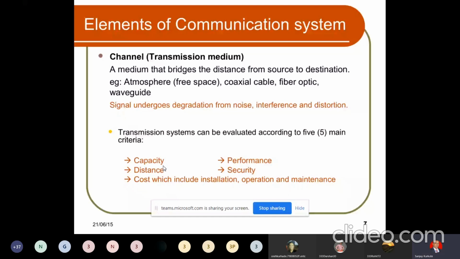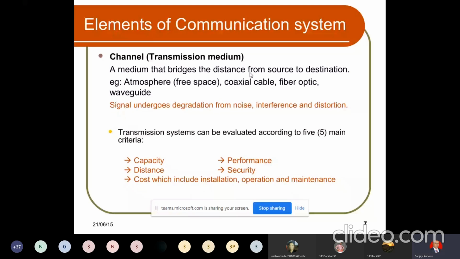So in the channel, basically the medium that bridges the distance from source to destination in between, that may be coaxial cable, fiber optic communication, waveguide, atmosphere, internet, whatever it is. The signal undergoes degradation from noise, interference and distortion.